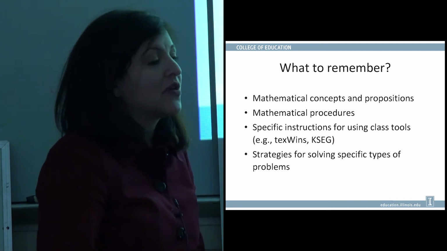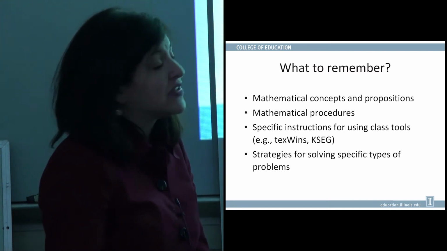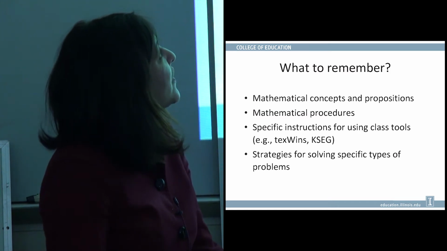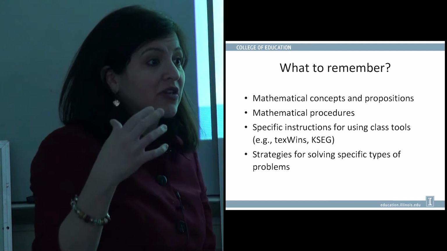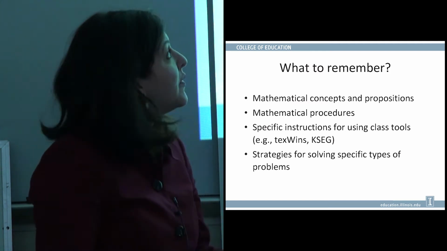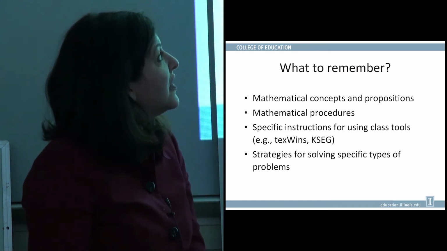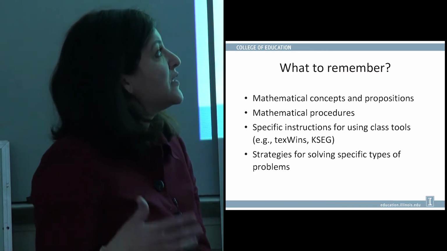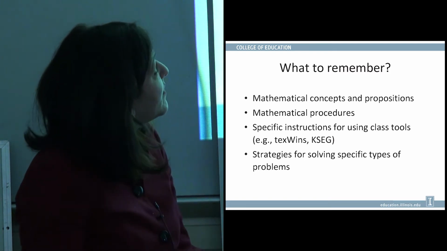Some theorems are important that students should remember. There are also mathematical procedures they should remember. But there are also specific instructions about how to use particular tools, because the class uses all these different components, and it's important that they remember how to do X or Y with a particular tool. And there are strategies for solving specific types of problems. Those are things they should remember.